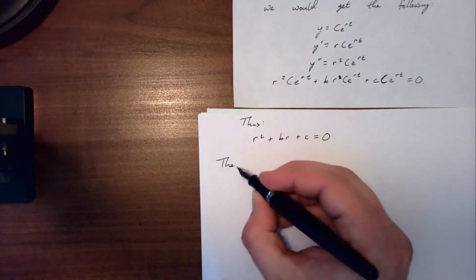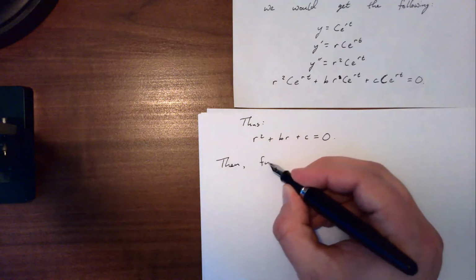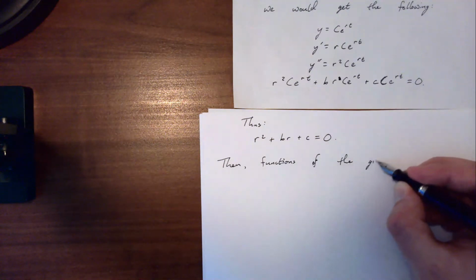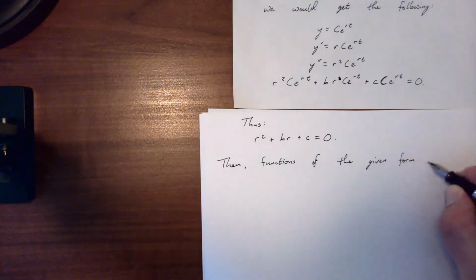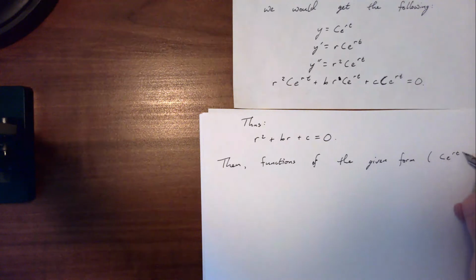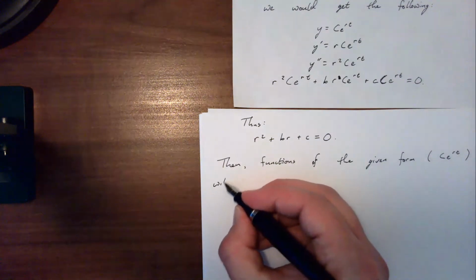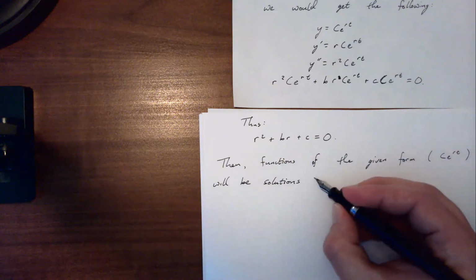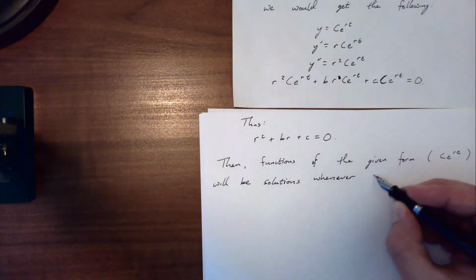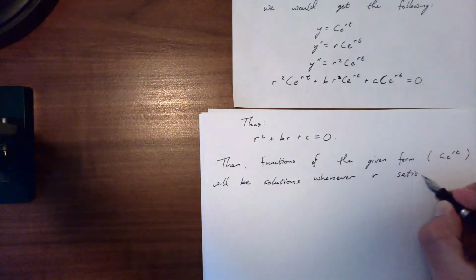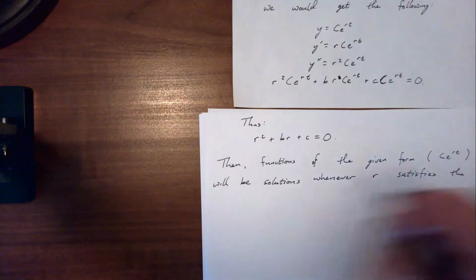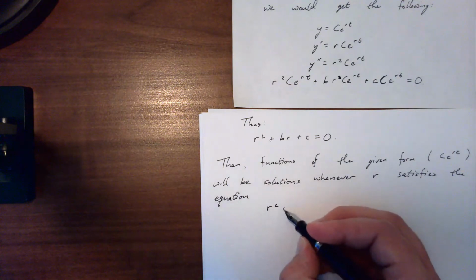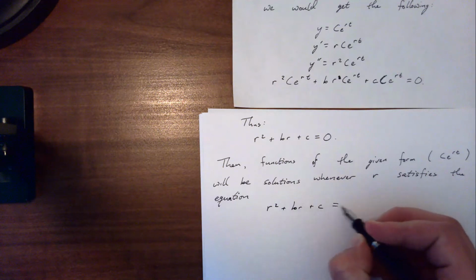So then, functions of the given form, that's c e to the rt, will be solutions whenever r satisfies the equation r squared plus br plus c equals 0.